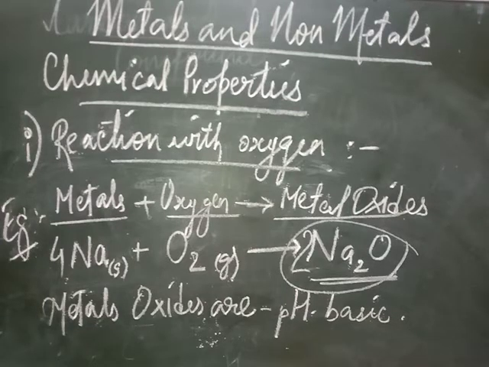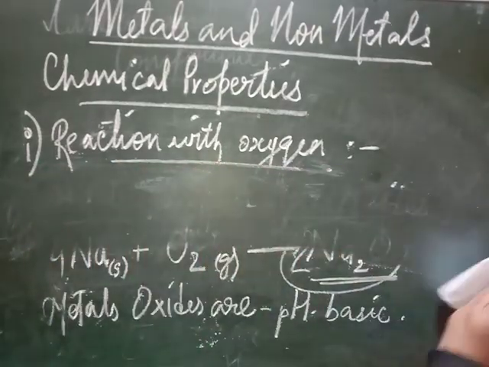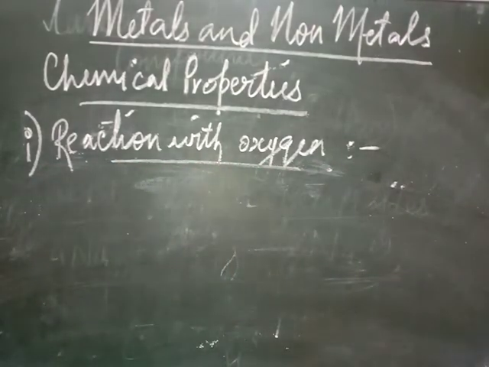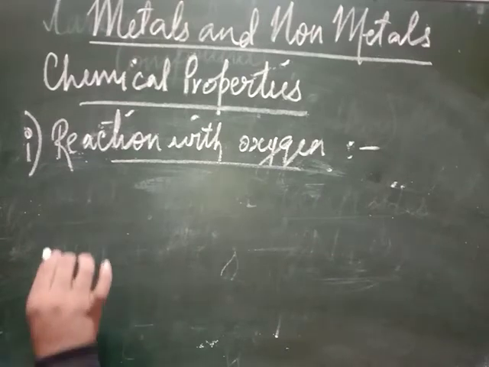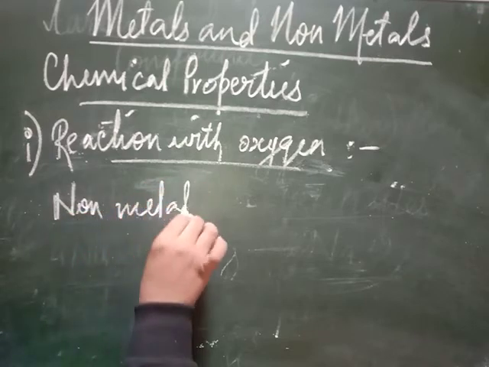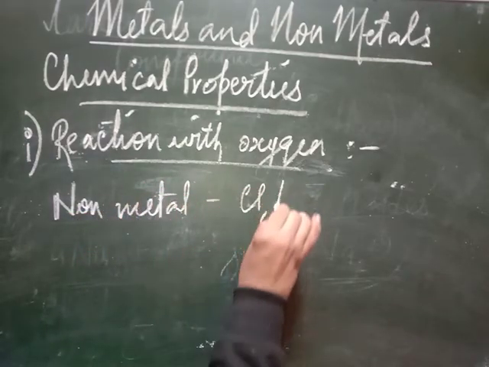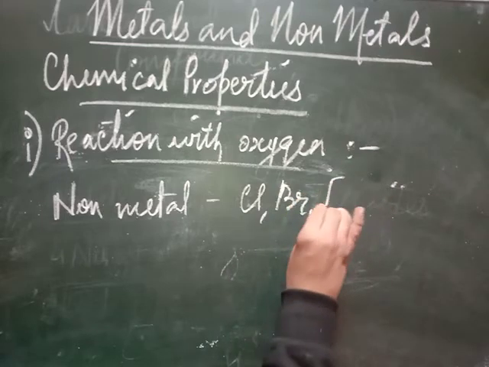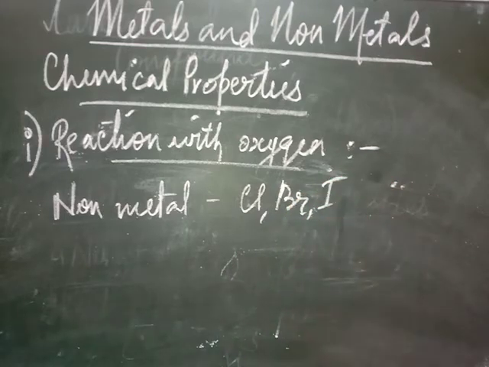Now let's see what happens when non-metals react with oxygen. It's very simple. Suppose I have a non-metal, any non-metal. We can have chlorine, bromine, iodine, any non-metal, carbon.